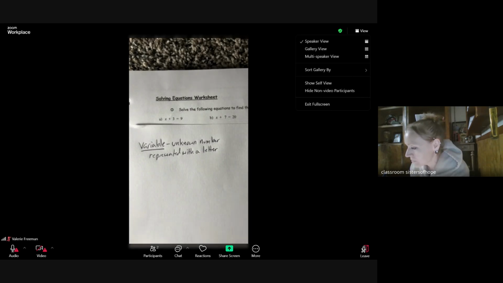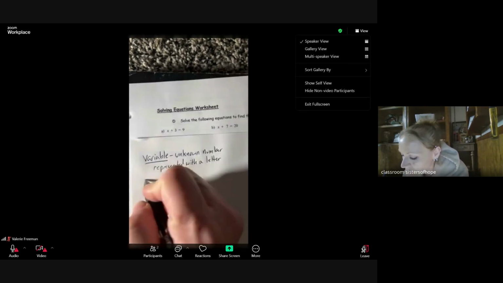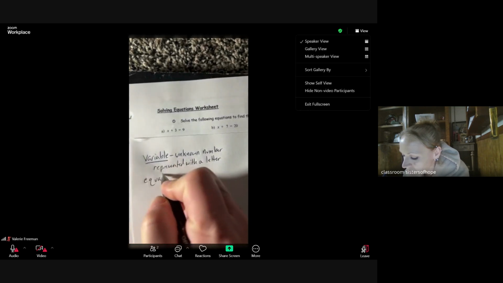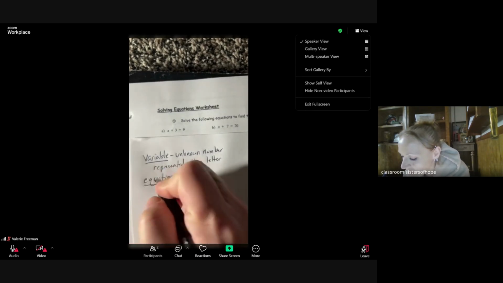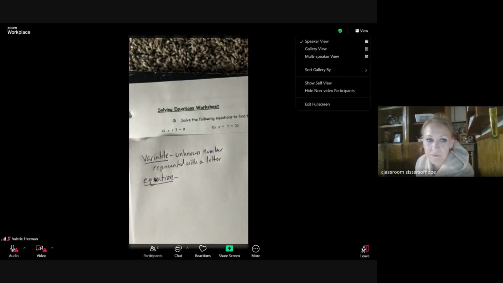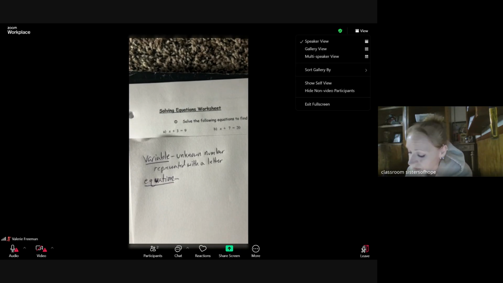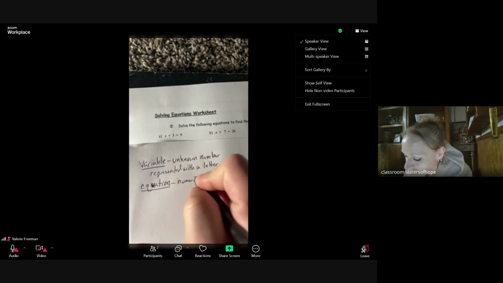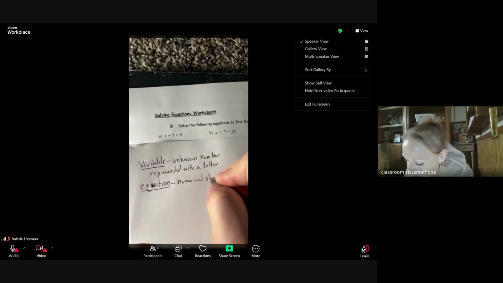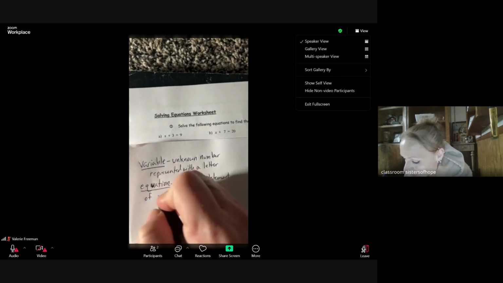All right. So an equation is the next term you want to know. If you look at the first few letters of it, EQUA, what word does that kind of look like? Equal. Yeah, equal. And that's exactly what an equation is. It's a numerical statement of equal amounts.